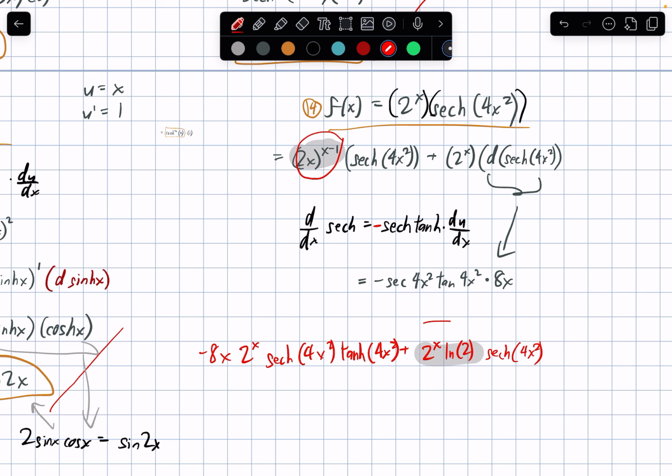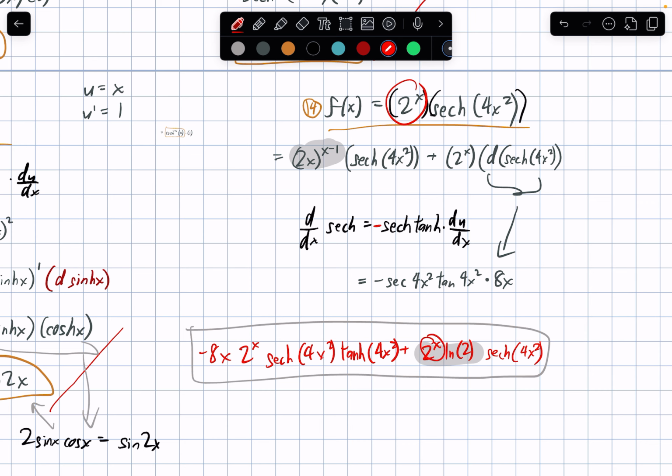Yeah, this is the only difference in my solution compared to the answer key solution. But essentially, this is already the final answer. So I just have to know the derivative of 2 raised to x. So I guess it's 2 raised to x times ln 2. Where did we find ln? I know there's a formula for that, I just don't know.